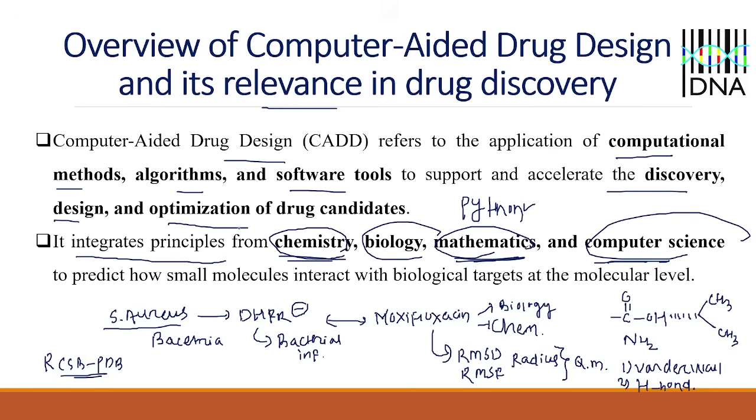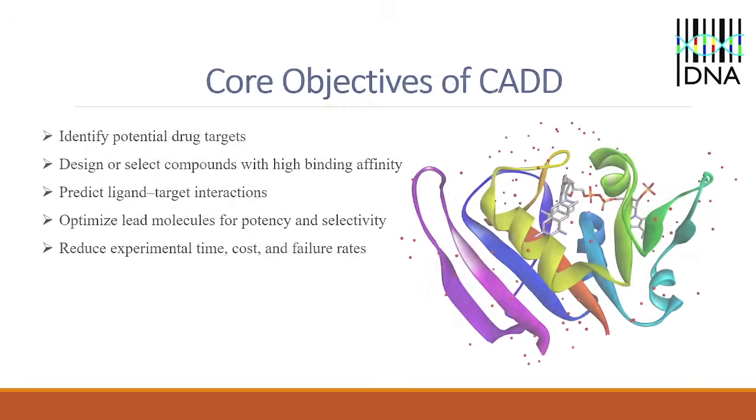In this way, the principles of chemistry, biology, mathematics and computer science are responsible for the interaction of different small molecules with the biological target. I hope all of you have understood how chemistry, biology and mathematics are relevant to drug discovery. Okay, so going to the next slide.